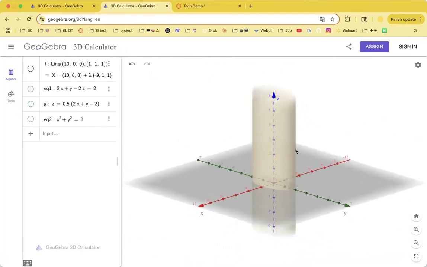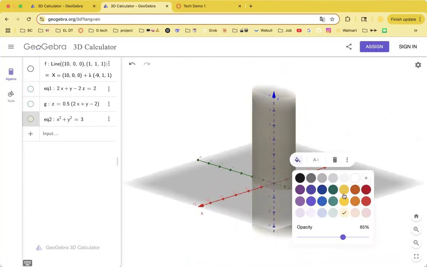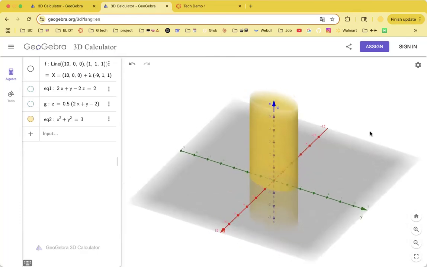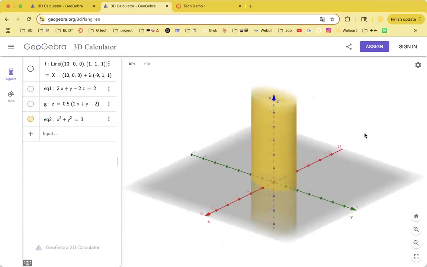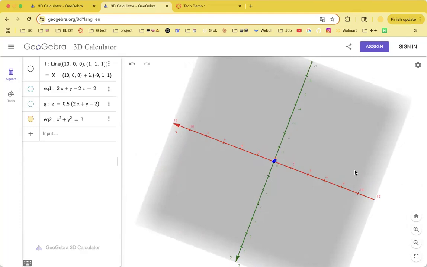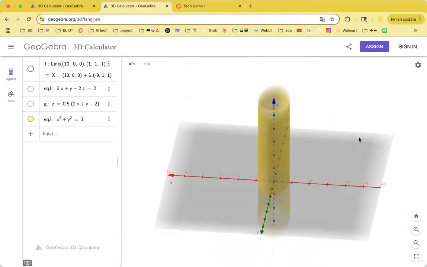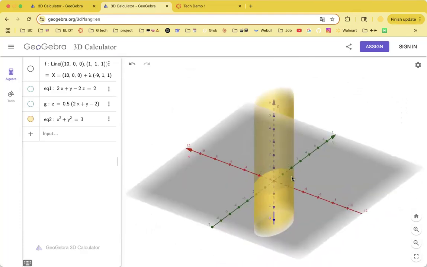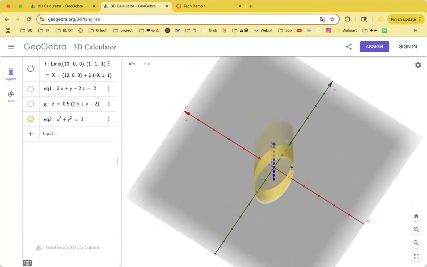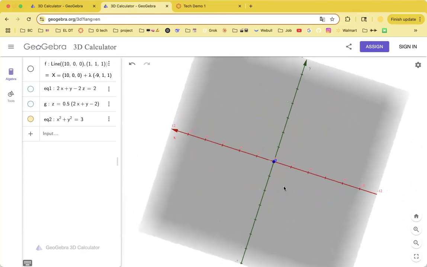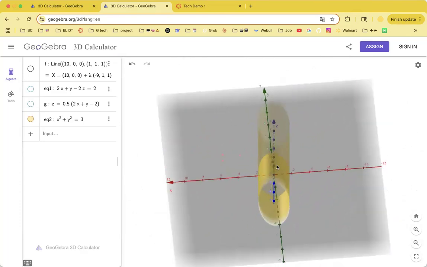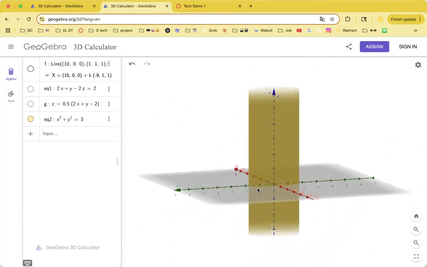Okay. The yellow cylinder has the radius 3. We can see it from the bottom and from the side.